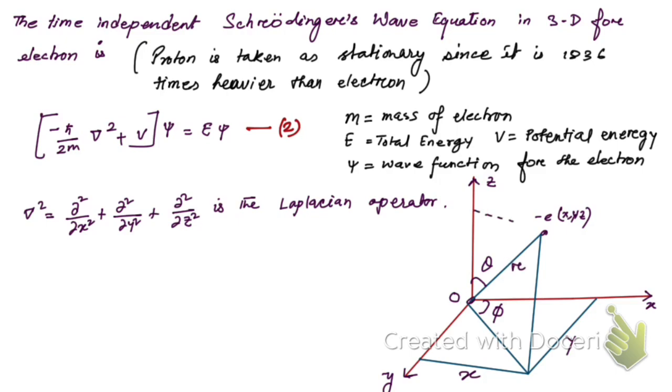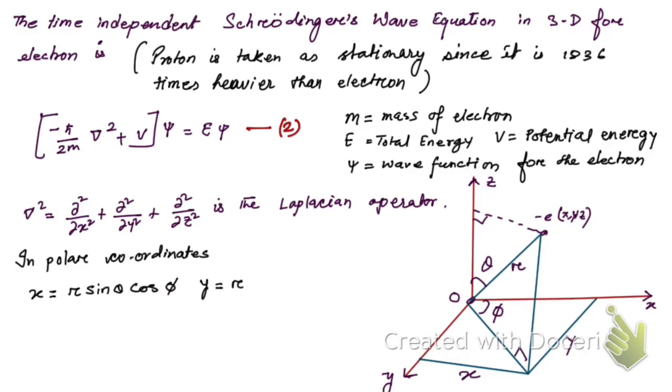This is perpendicular. Now you see, from this system, if you write this in polar coordinates, then the x coordinate is equal to this, the y coordinate is equal to this, and z is equal to this. And psi will be a function of these three polar coordinates.